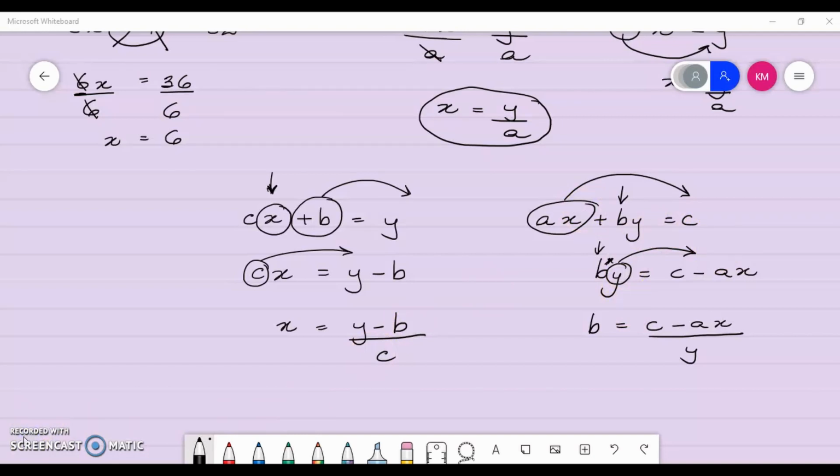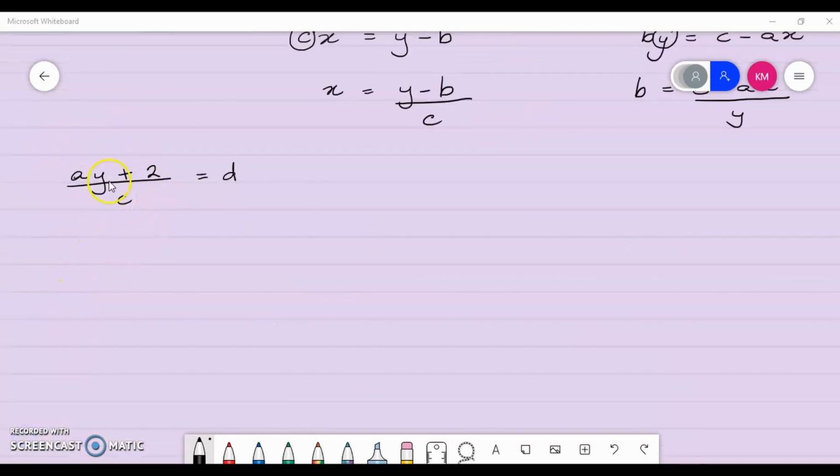Let's try another one. Let's say I have ay plus 2 divided by c equals d, and I want to make y the subject of my equation. So I start reading from where y is. It's going to be ay plus 2 divided by c. So the last thing I said is divided by c, so it's going to be the first thing that I carry across.